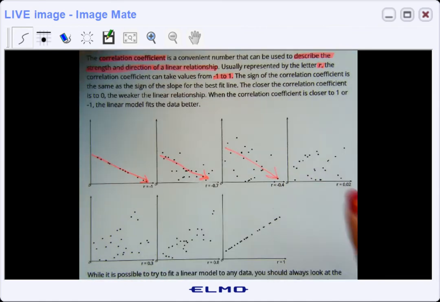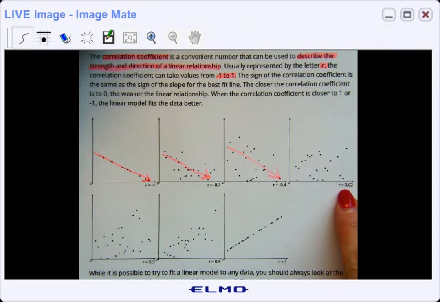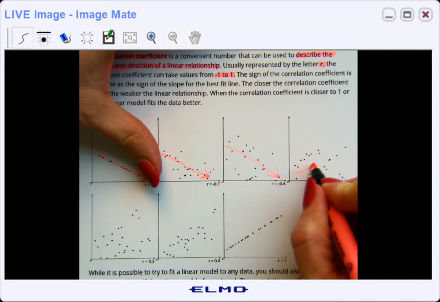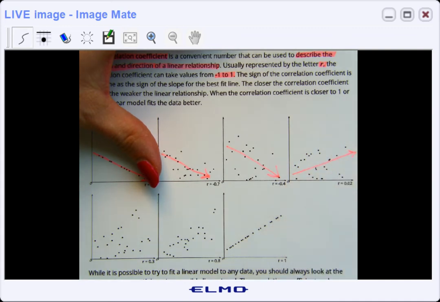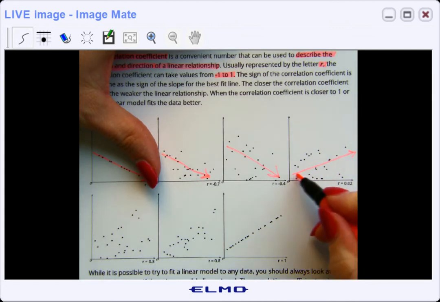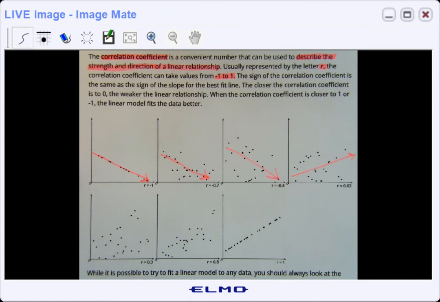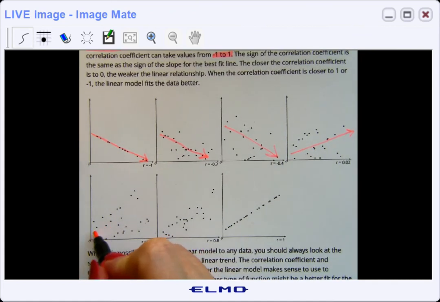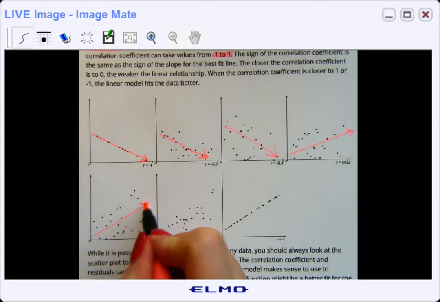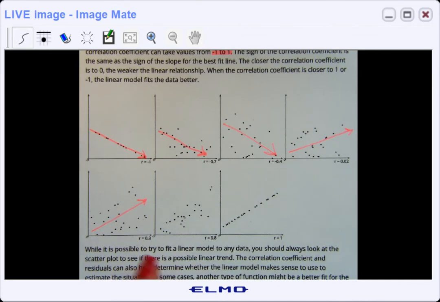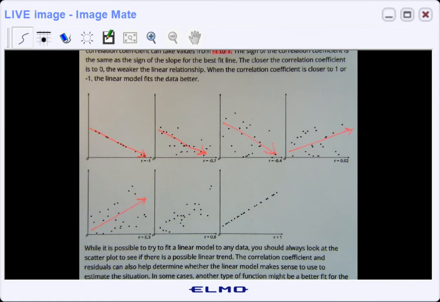And then here, we start to see a positive R value. While it's not a strong relationship because the points are still pretty scattered, it's now moving in a positive direction overall. And we're going to see examples of increasing positive values for the correlation coefficient.